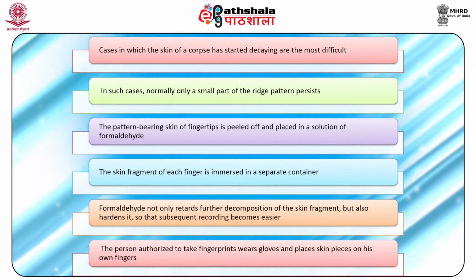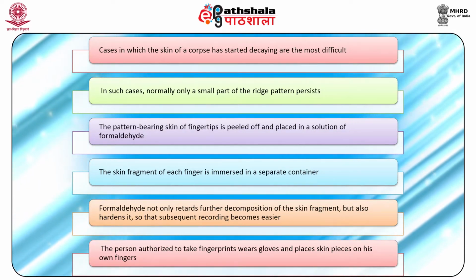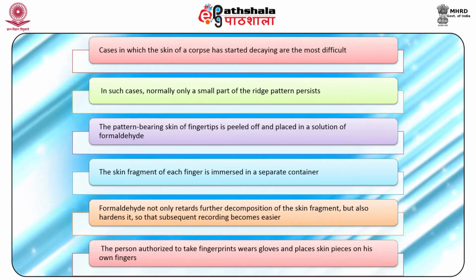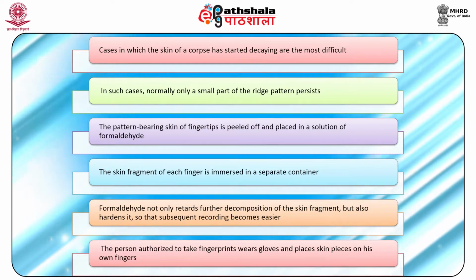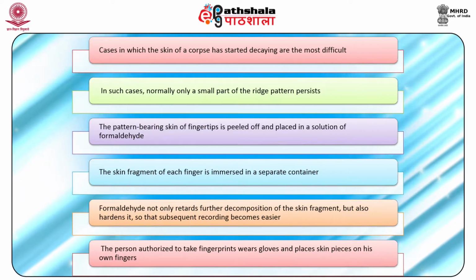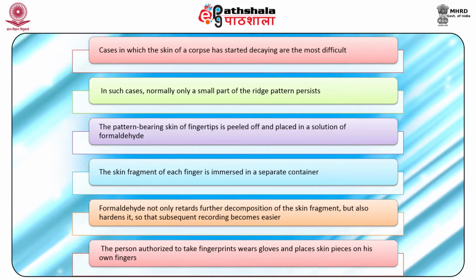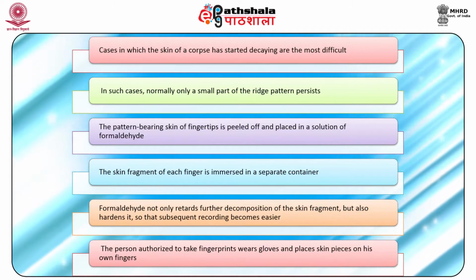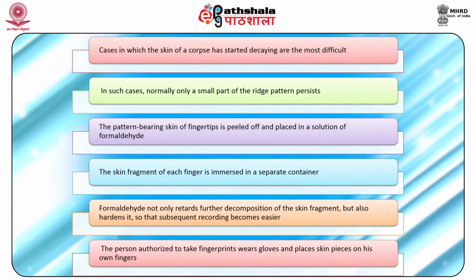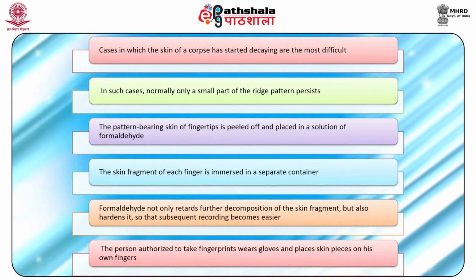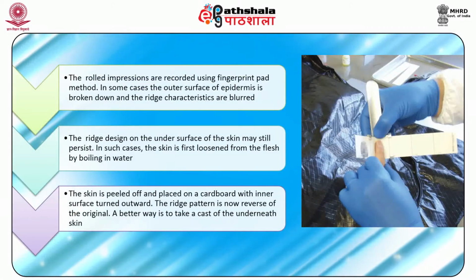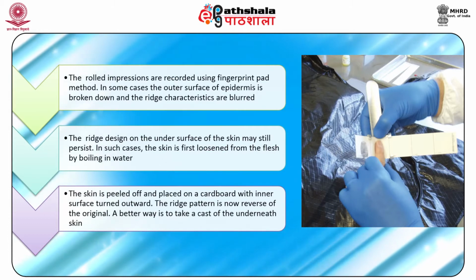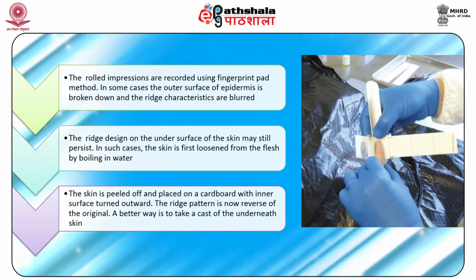Formaldehyde not only retards further decomposition of the skin fragment but also hardens it so that subsequent recording becomes easier. The person authorized to take fingerprints wears gloves and places skin pieces on his own fingers. Thereafter, the rolled impressions are recorded using fingerprint pad method.